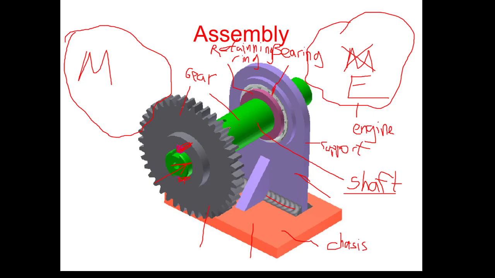These are respectively to provide the necessary information for the gear, for the shaft, for the chassis, for the bracket support. Retaining ring is a standard component. Bearing is standard, keys are standard. So for standard components, there is no need to provide detailed drawings.